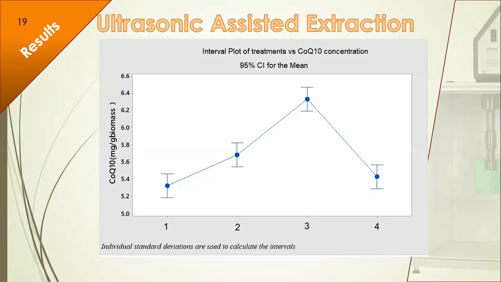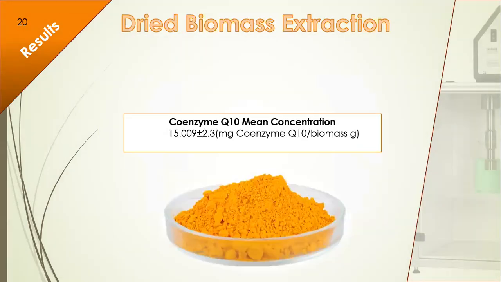So the first one we ran with wet basis biomass, and then we're planning to run the other one with dry basis biomass. So we ran a short experiment to see how much the coenzyme concentration was when you ran a dry biomass extraction. And we got results of around 15 milligrams of coenzyme Q10 with a standard deviation of 2.3.